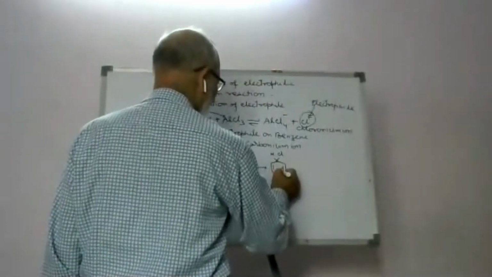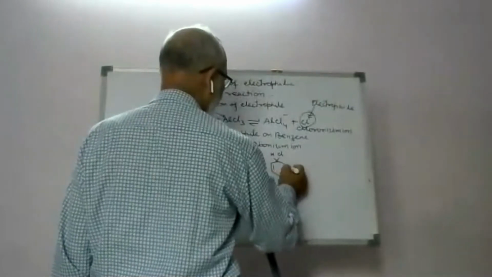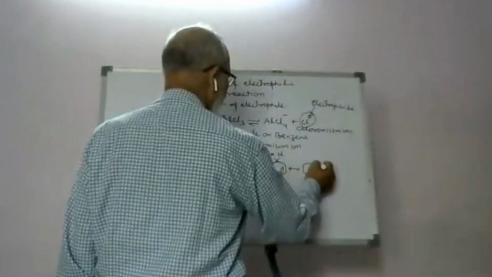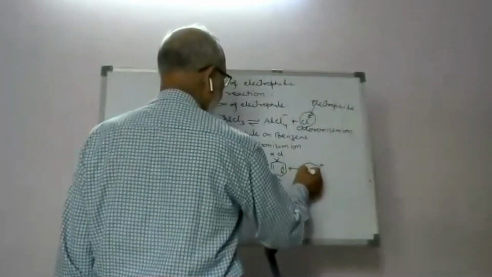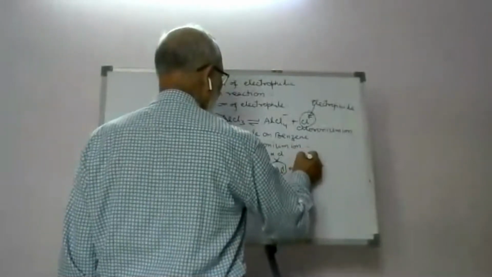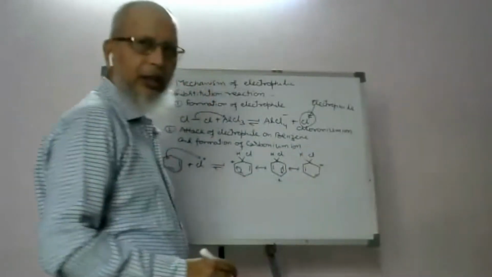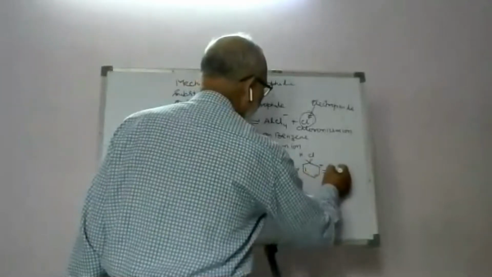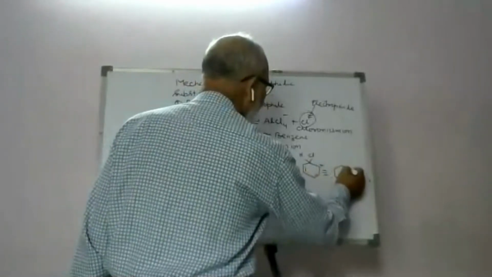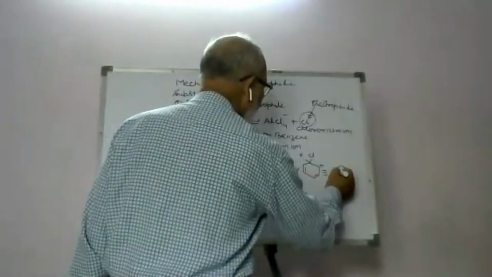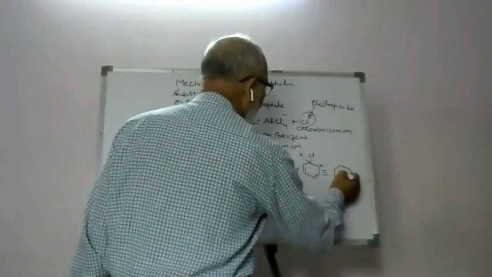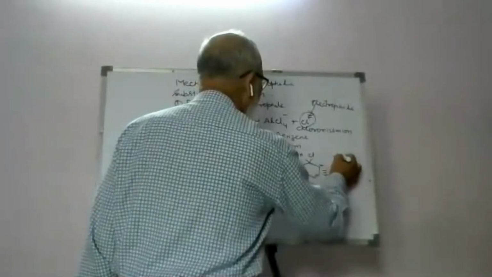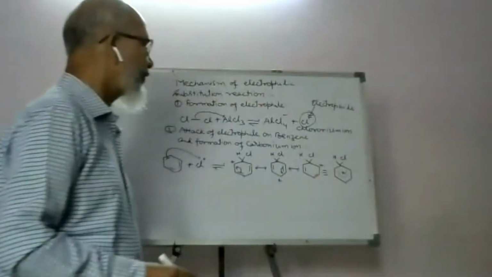This pi electron will be shifted here, and the resonating structure will be like this. And in short, we can represent these resonating structures like this. So this is the carbonium ion which is formed.